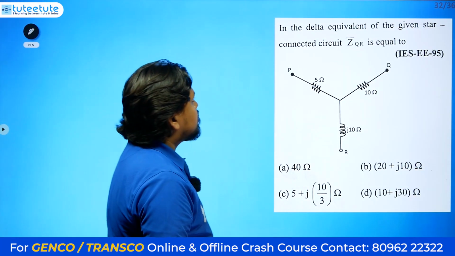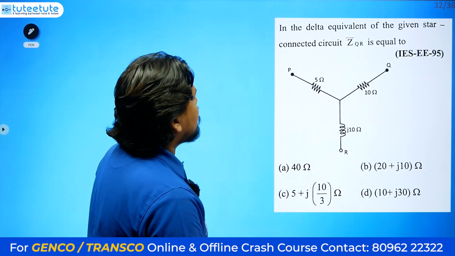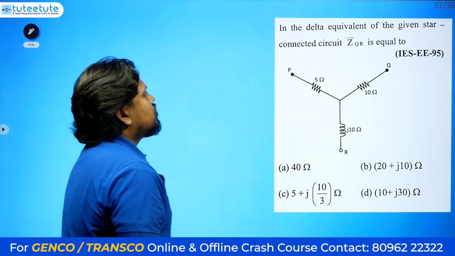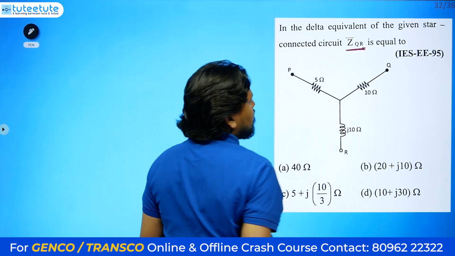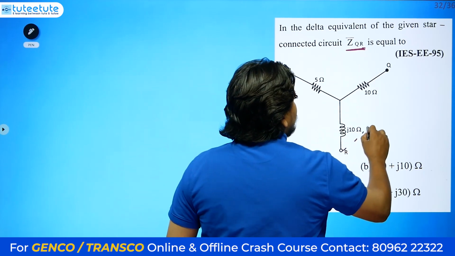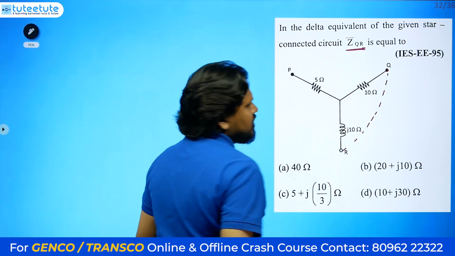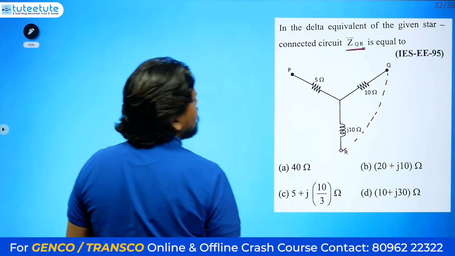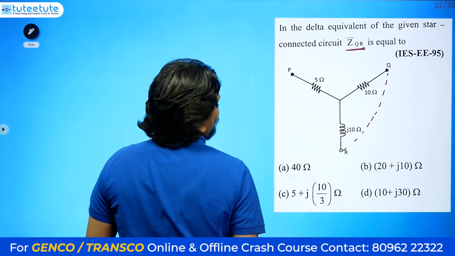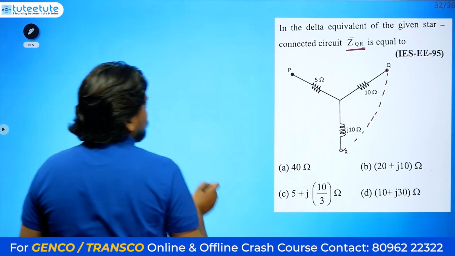So the next question: in the delta equivalent of the given star connected circuit, ZQR is equal to what? ZQR means the resistance between these two, that is what they are asking. Directly we have to do 10 into J10 plus J10 into 5 plus 5 into 10.